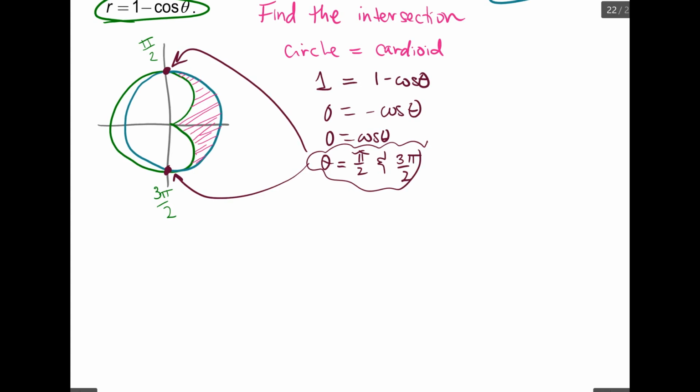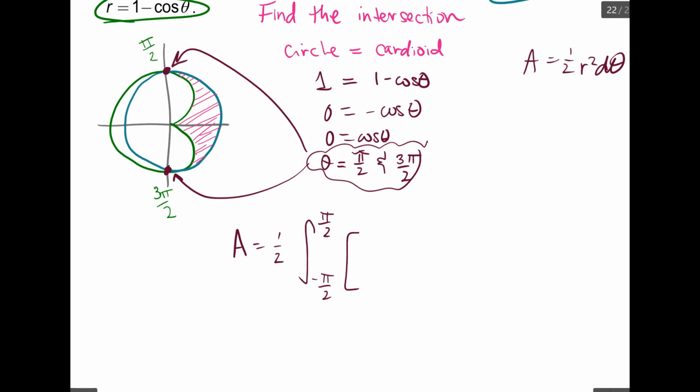Once again, we're going to use area equals 1/2 r squared d theta. So the area is equal to 1/2, going from negative pi over 2 to pi over 2. That way it's going around this way.